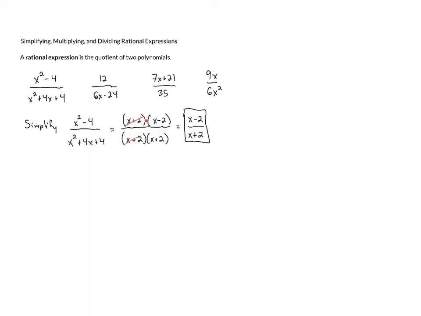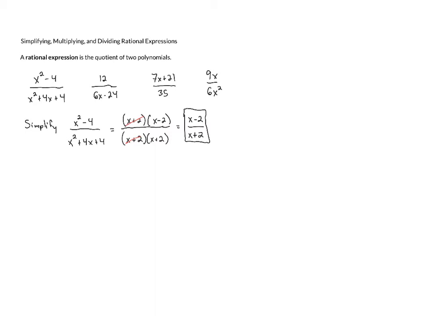They were things that were being multiplied by other things in the numerator and denominator. And we can get rid of them because undoing multiplication is dividing. So we're effectively dividing the top and bottom by x plus 2. That's what we're doing when we're canceling.